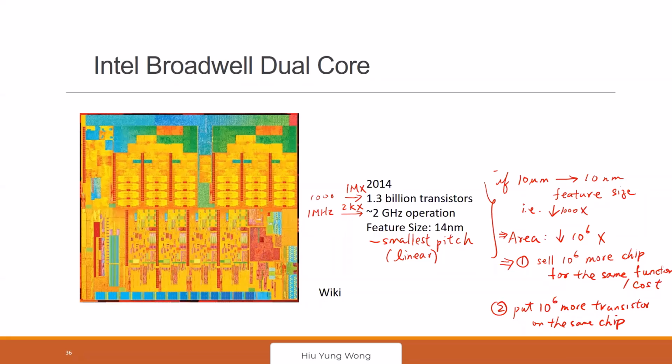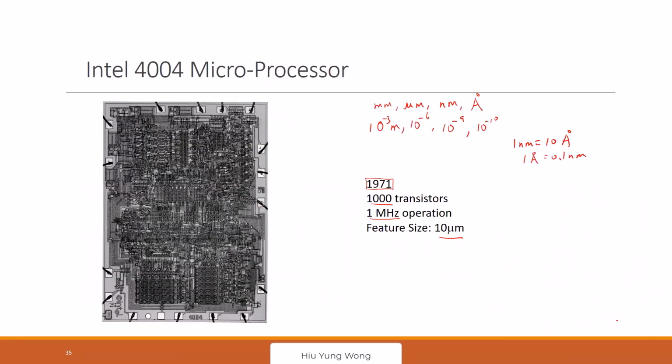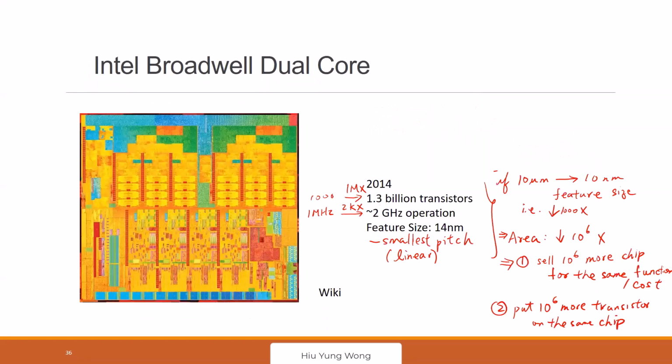And that's what we have been doing, right? 4004, 8008, 8086, 286, 386, 486, Pentium, Pentium 2, Pentium Pro, and all the way to Broadwell dual core. At the same price, we're paying Intel the same price in every generation, but we are getting something better and better. So I want you to appreciate this scale of improvement. Any questions?